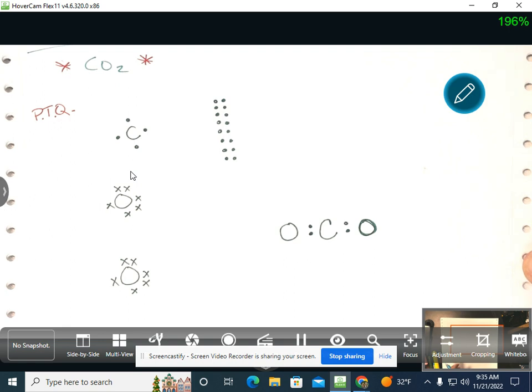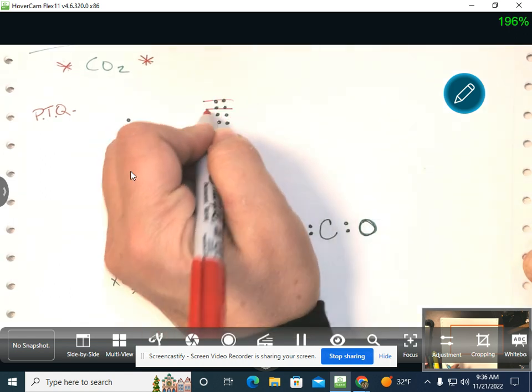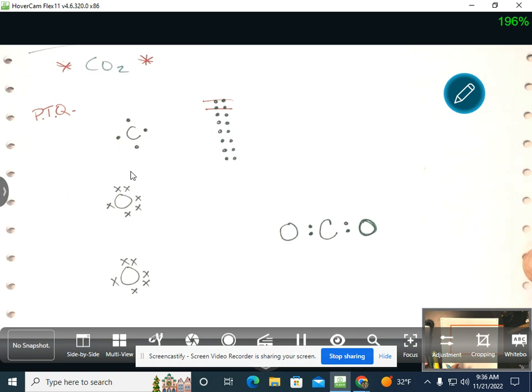Everybody good so far? Now, we know that oxygen is more electronegative than carbon. We just looked them up. I used 2 pairs of electrons already. The oxygen is going to get the electrons next. Oxygen is stronger than carbon, so oxygen gets the electrons next.